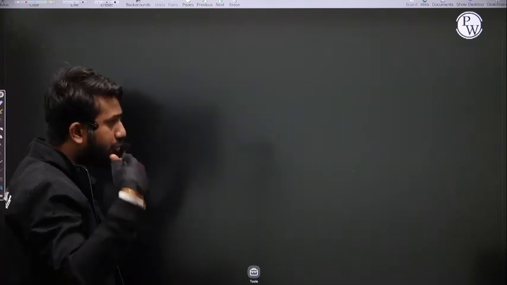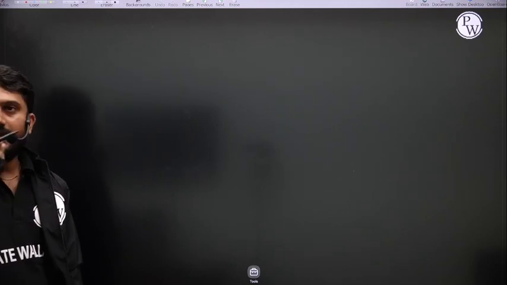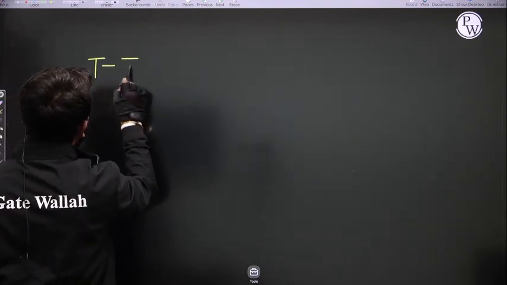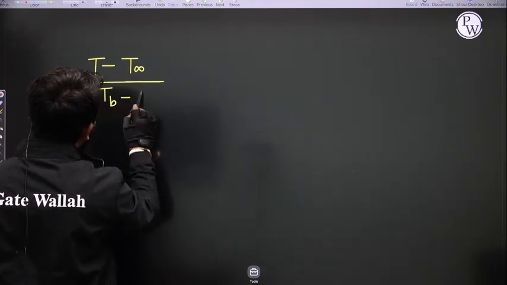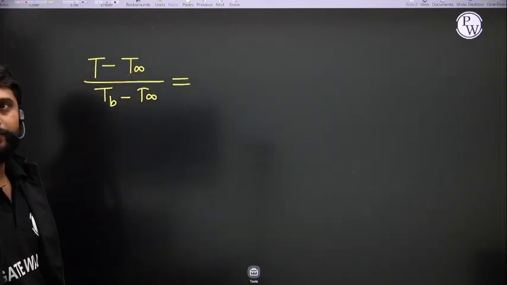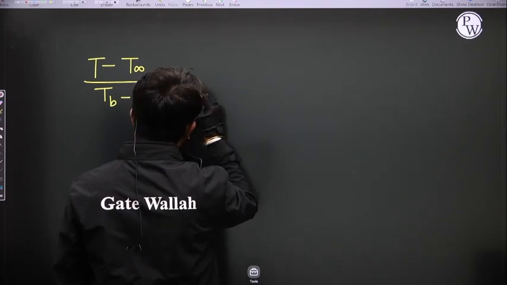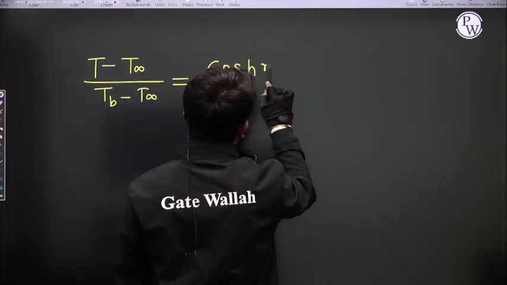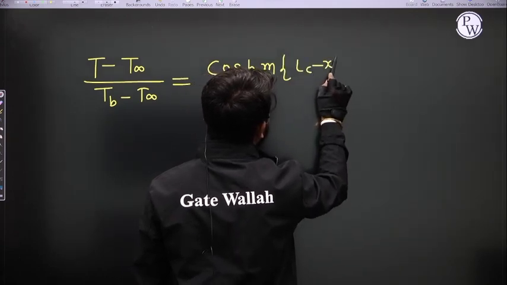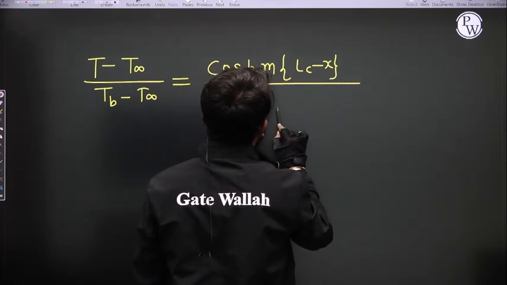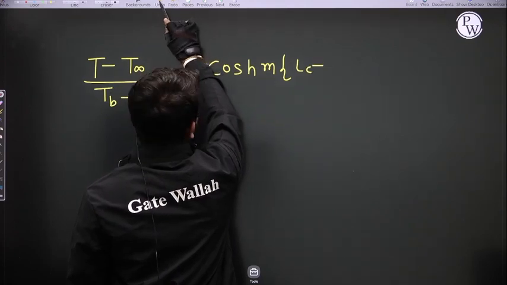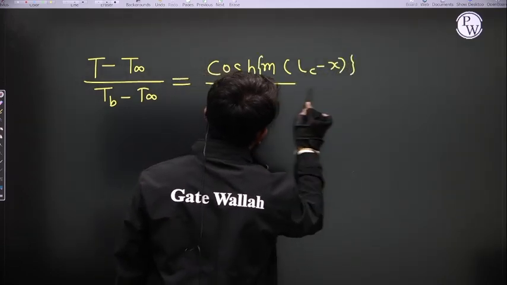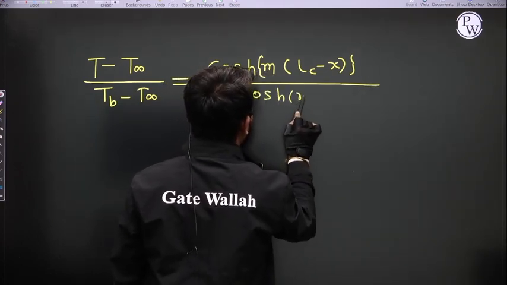So if you use the concept of corrected length in case number 3, short fin without insulated tip, then what you are getting is (T minus T infinity) upon (T_b minus T infinity) equal to cosh m(L_C minus x) upon cosh mL_C.